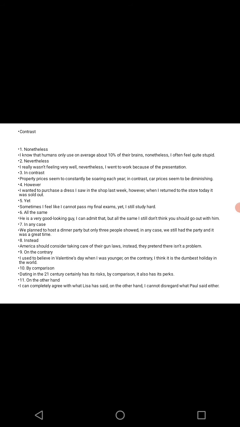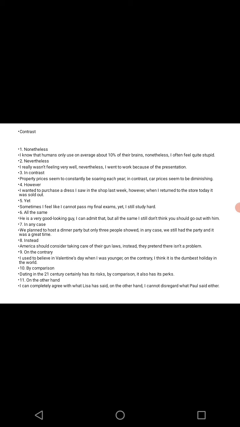Their example is: property prices seem to constantly be soaring each year. In contrast, car prices seem to be diminishing. Fourth is however. Their example is: I wanted to purchase a dress I saw in the shop last week. However, when I returned to the store today, it was sold out.